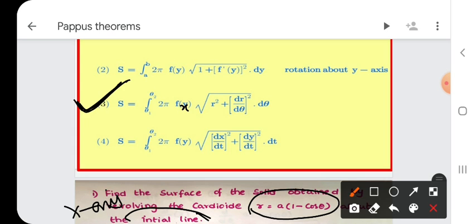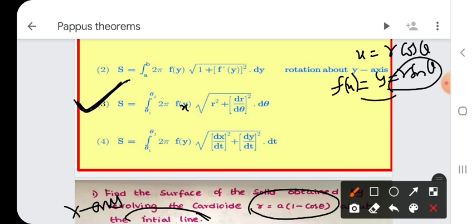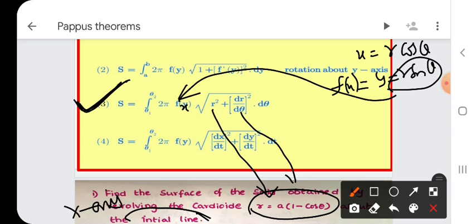Here what is f of x? In polar form, x is r cos theta and y is r sin theta. Y means f of x, so we write r sin theta here. And r square means the given equation whole square. Dr by d theta is the derivative of the given equation, whole square, and theta 1 to theta 2 are the limits.